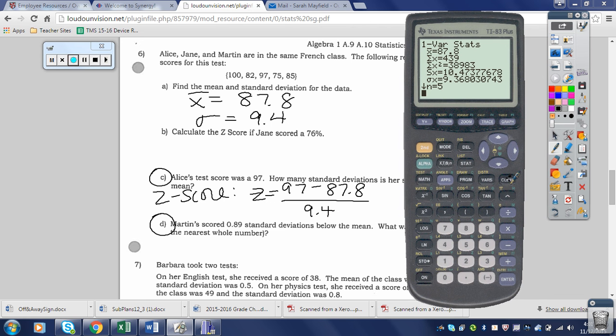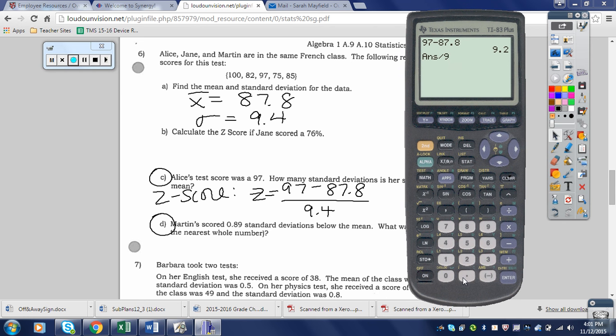All right, 97 minus 87.8, enter, divide by 9.4, enter, z equals 0.978, which basically rounds to 1 standard deviation above.